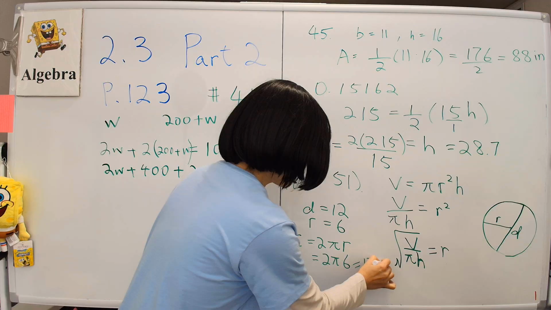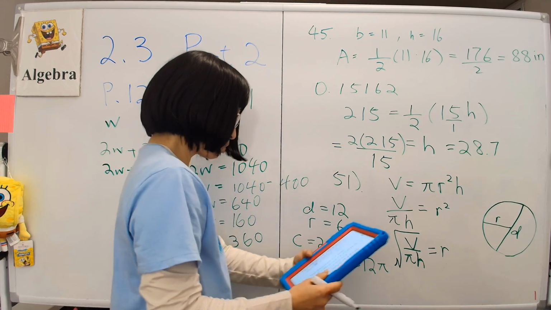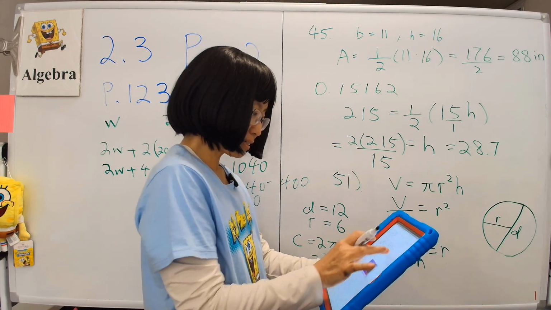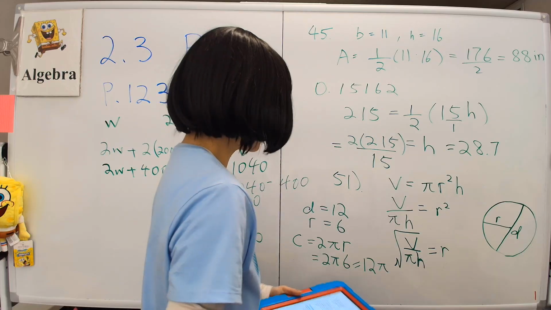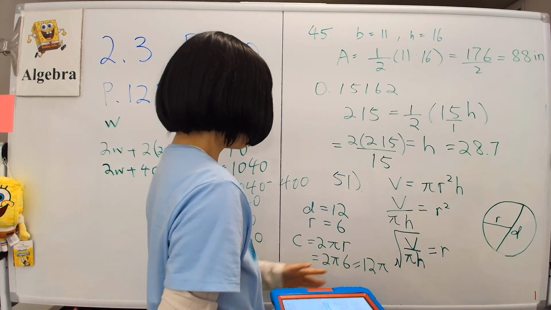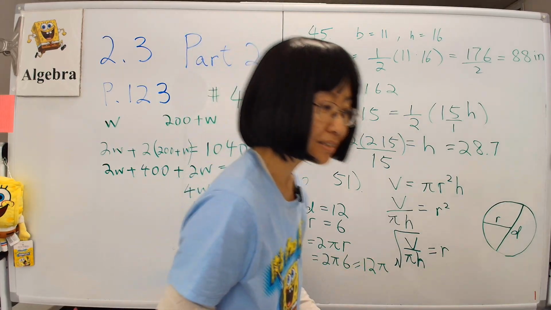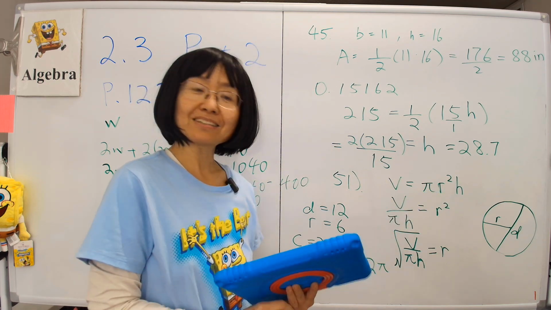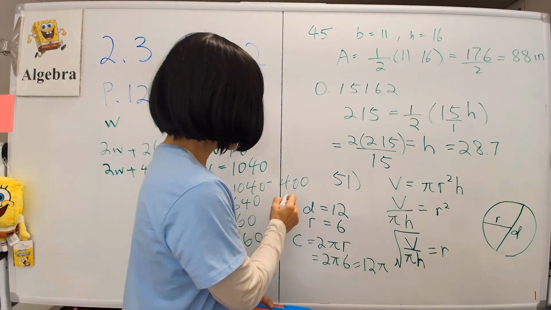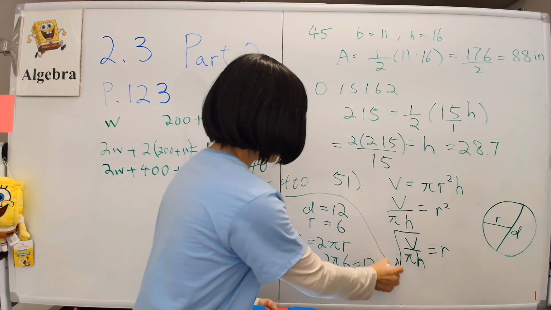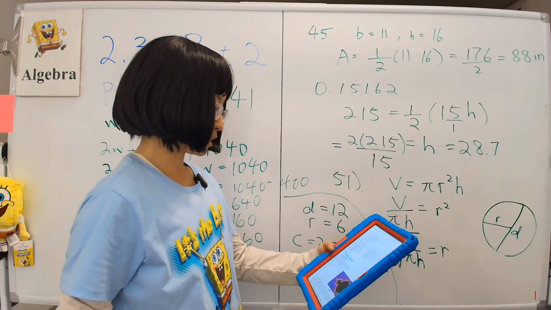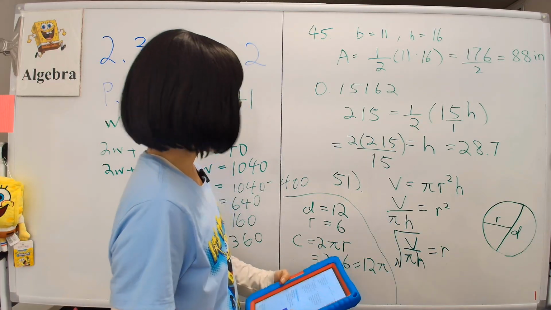Now, we could calculate this value out, but for this problem your book specifically says just keep it in pi. We don't even have to punch out the calculator, which is good. So that's our answer, and as I check, that turns out to be correct. So this is the last problem, 53. Yes, and so that's the end of this section.